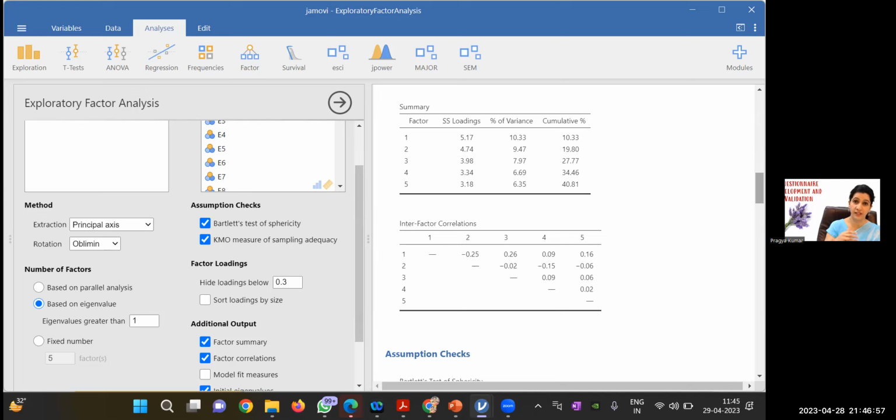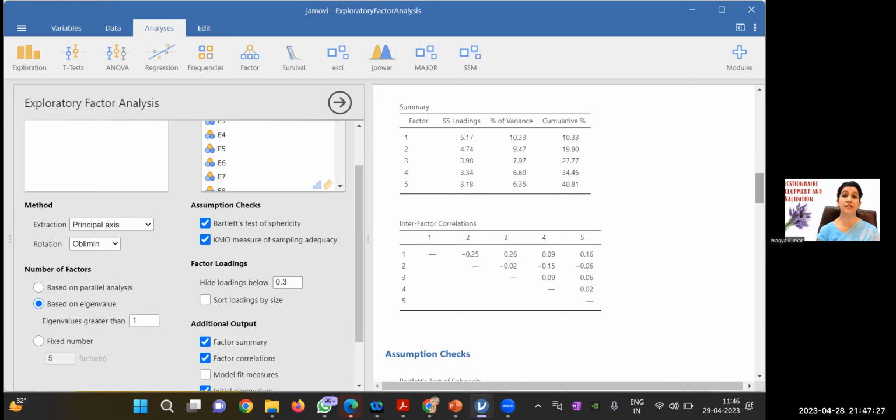So content validity ratio is for the individual item, and content validity index is for the individual item as well as the overall scale. The value should be more than 0.8 for content validity index. And for content validity ratio, which is the Lawshe method, it depends on the raters. How many raters? Based on that, you decide the cutoff for the content validity. So those were the two objective ways for content validity.